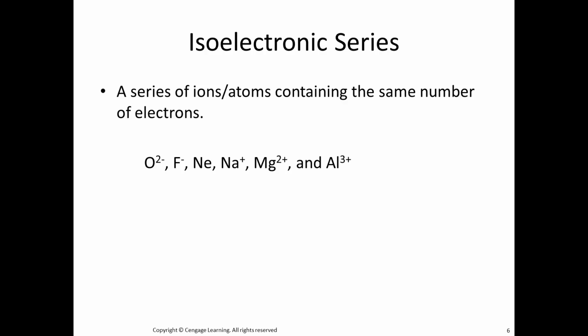They all have 10 electrons. The electrons in the valence shell are the same, but the number of protons in the nucleus increases. Thus, pull on electrons increases and size decreases. In general, for an isoelectronic series of ions, the size decreases with increasing nuclear charge.